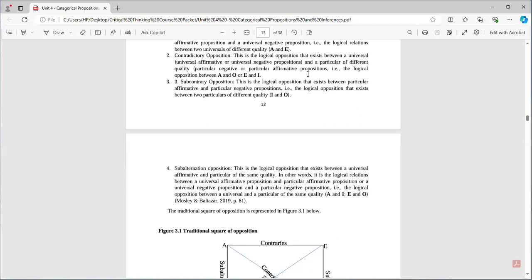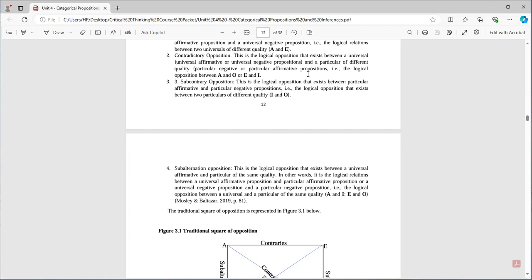So we have four different types of opposition: contrary opposition, contradictory opposition, sub-contrary opposition, and subordination opposition. Subordination, where we have a universal and a particular of the same quality.